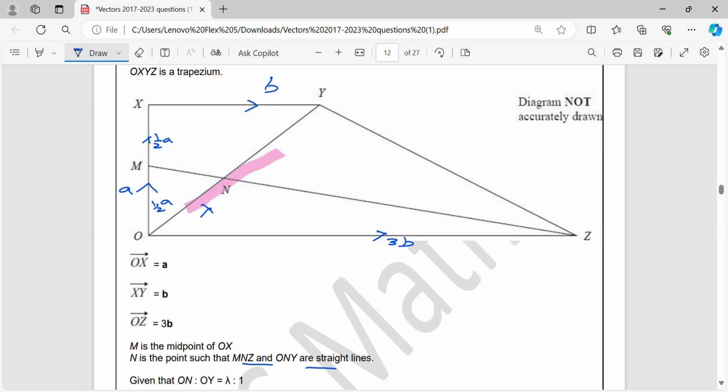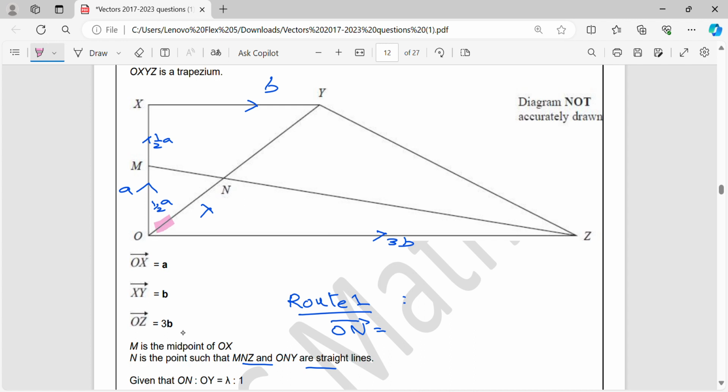Okay, so let's start. Because I have to find out lambda, the fraction of this length, I will take two routes. Let's write down route 1 for ON.